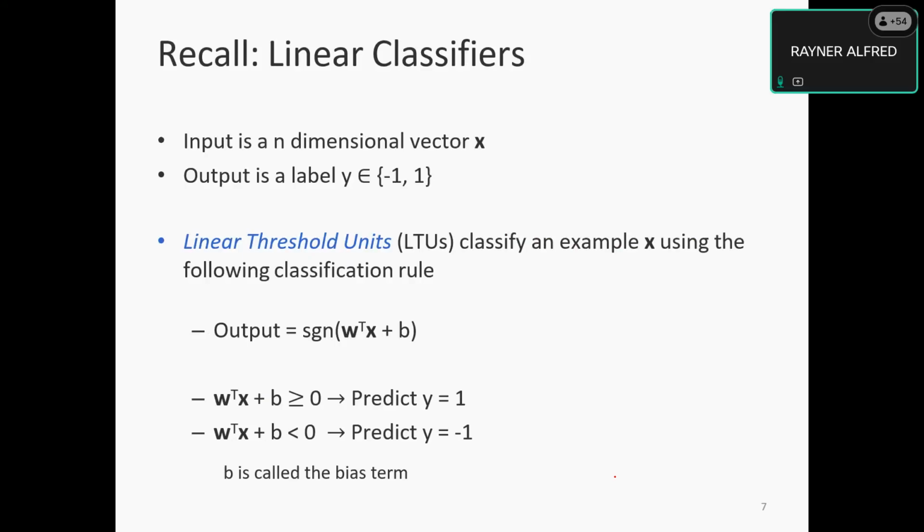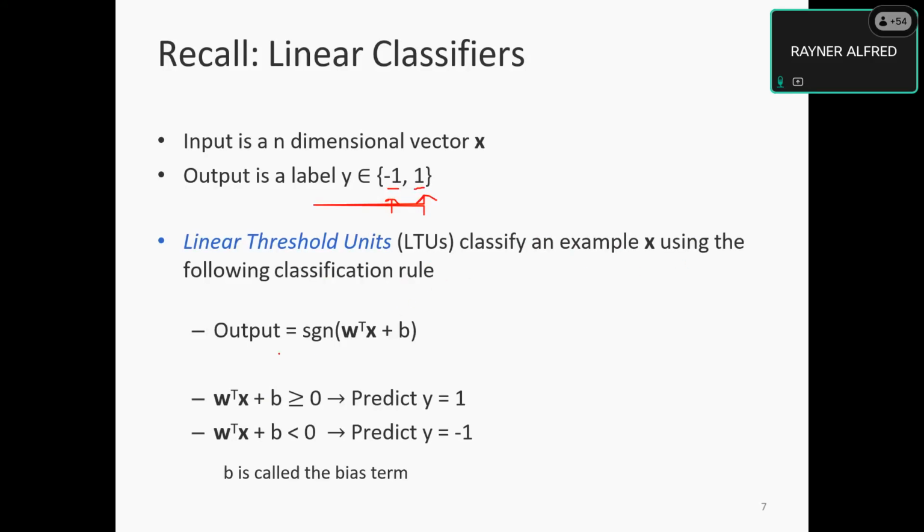Okay, so if we look at the formula that we have, we will consider that the output for your function would be -1 or 1. So this one refers to negative samples, and this is positive samples. Okay, so the linear threshold unit classifies an example X using the following classification.